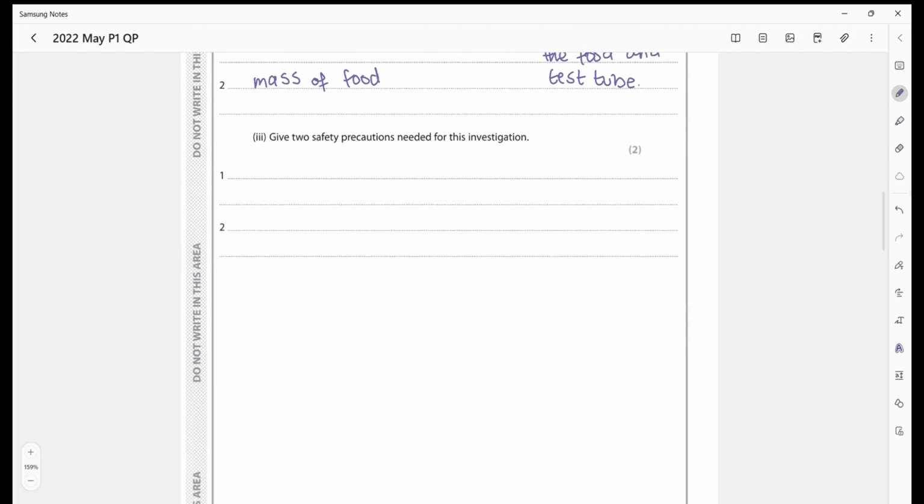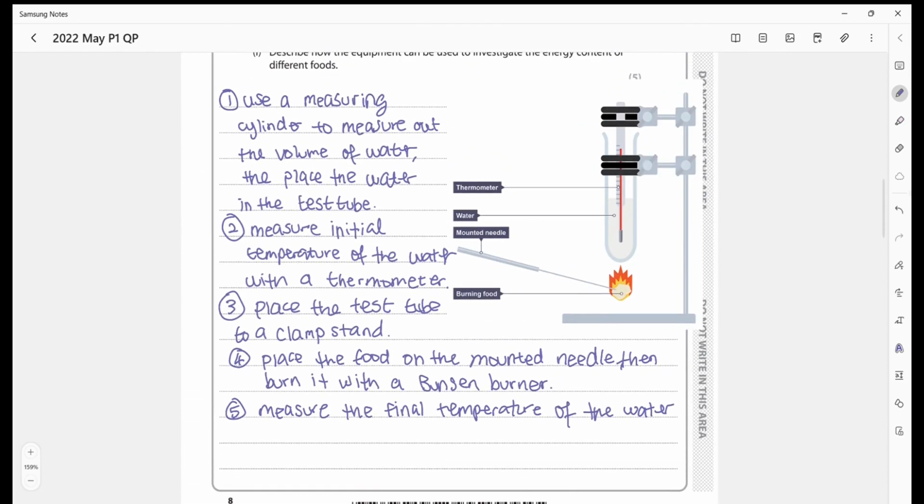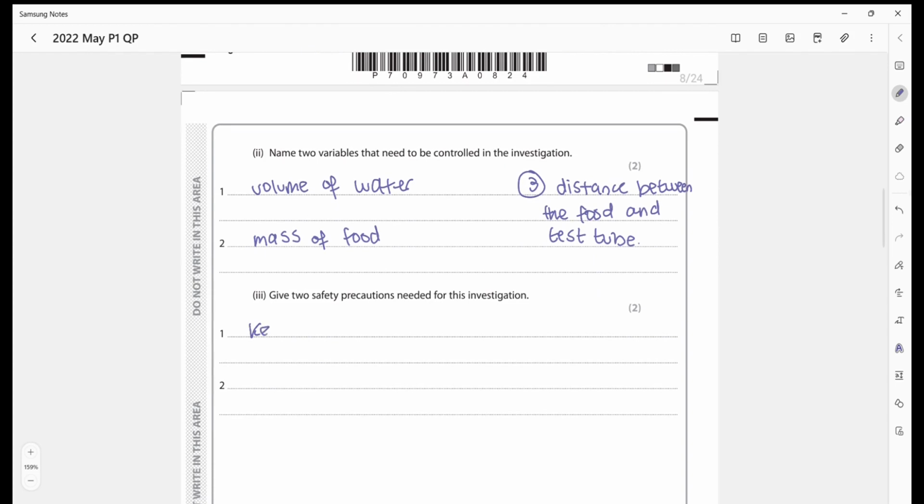Alright, last one. For this part, give 2 safety precautions needed for this investigation. Now, because we're dealing with burning food, we want to make sure that the burning food is not close to our body. So you want to keep the burning food at arm's length.